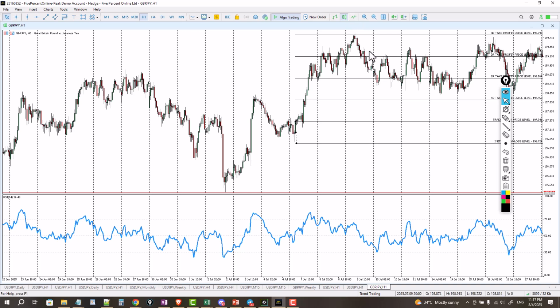In a situation like this, it's easy for price to go all the way up and blow your account. So if you're not trading with proper risk management and you're using the indicator to buy when it's oversold or sell when it's overbought, then coupling that with improper risk management is just a recipe for disaster.